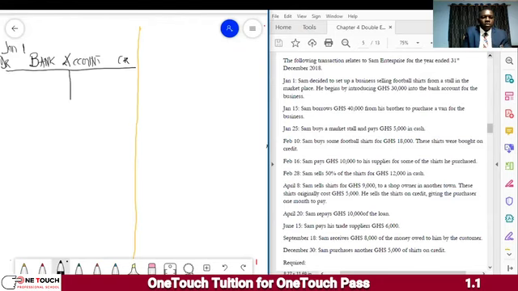Then again, I should open my capital account as well. Okay, great. Now I have my debit side, I have my credit side.